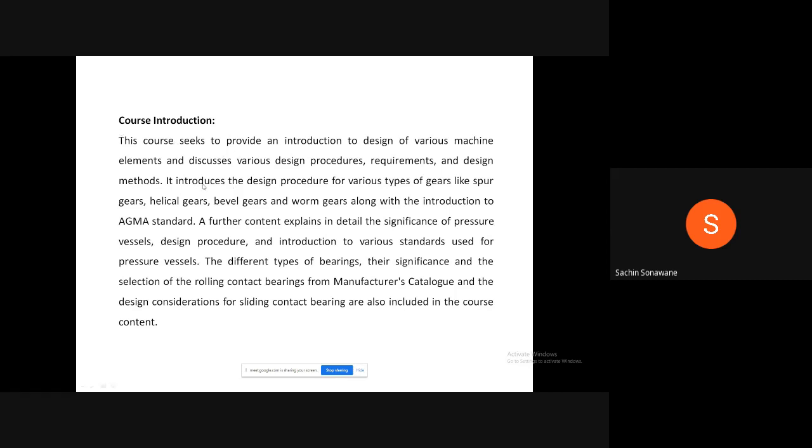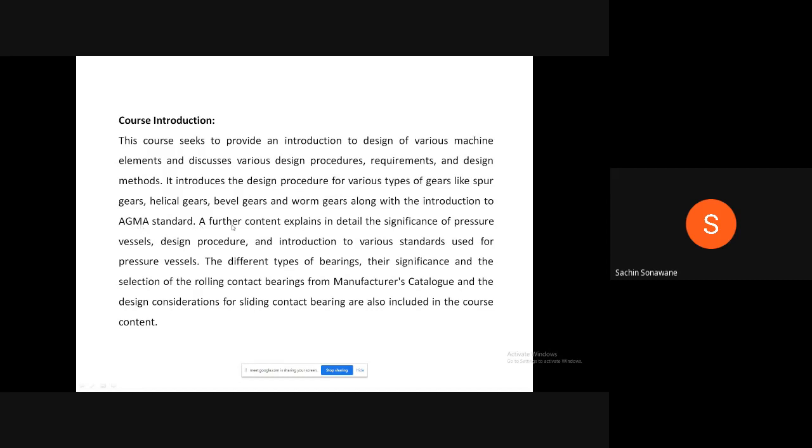It introduces the design procedure for various types of gears like spur gears, helical gears, bevel gears, and worm gears, along with the introduction to AGMA standard. AGMA means American Gear Manufacturing Association.